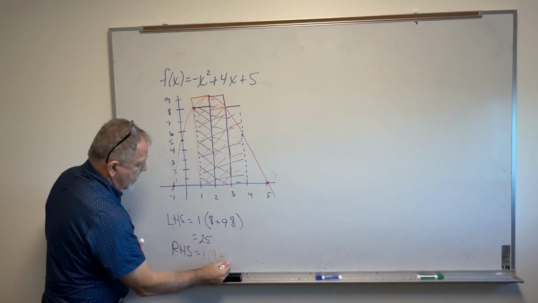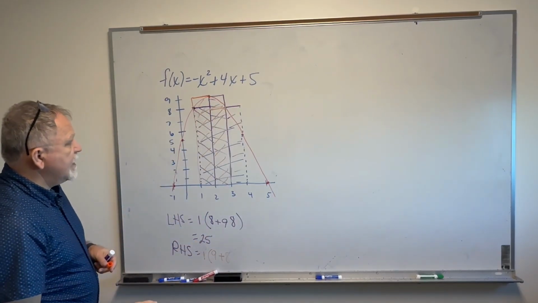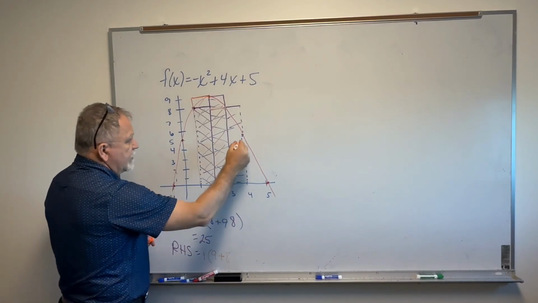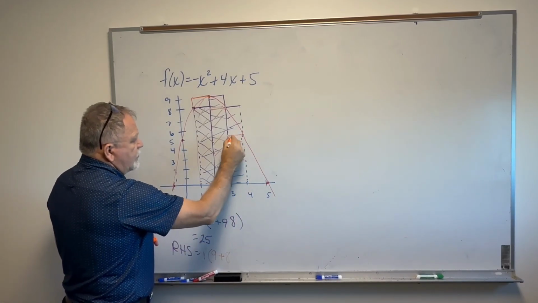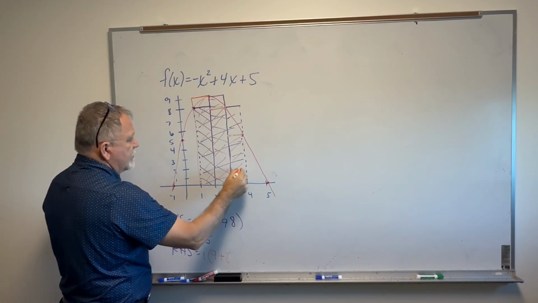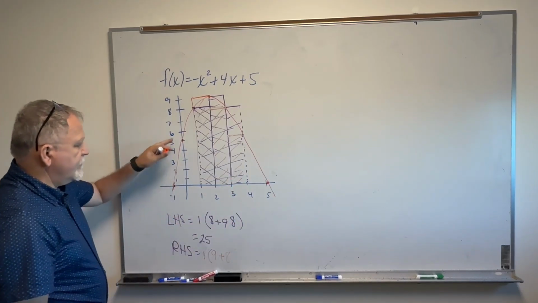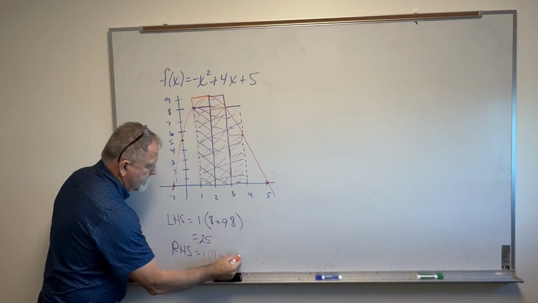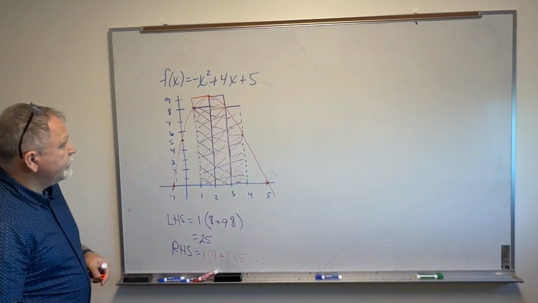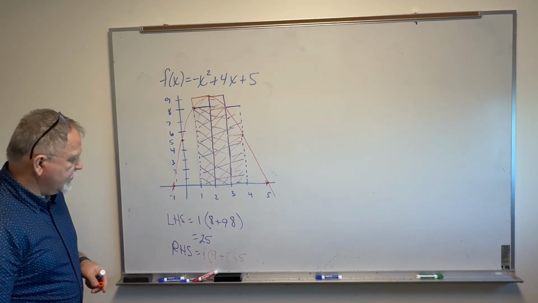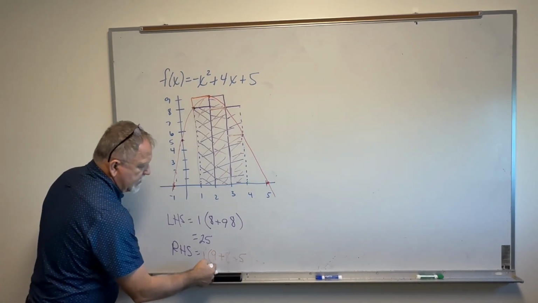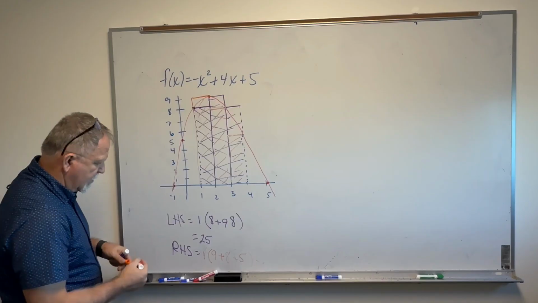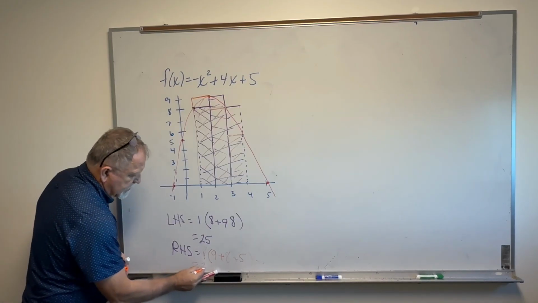So that's going to have a height of 8. And then I'll go finally over here to 4 until I get to the graph. Draw that horizontal line. I'm looking at this rectangle, and it has a height of 5. So my estimate of the area is 9 plus 8 plus 5. That turns out to be 22.